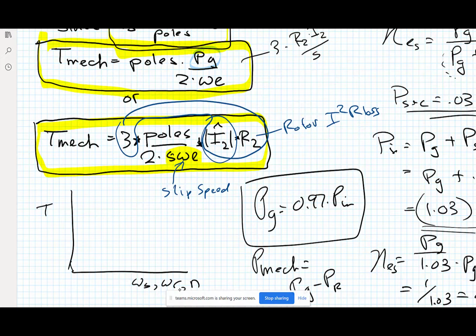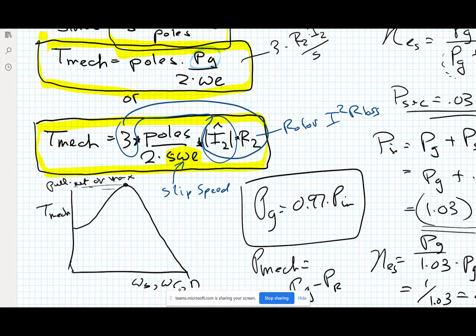This is your torque, mechanical. And different types of machines have different curves for torque. This is what's called the pull-out torque or max torque.